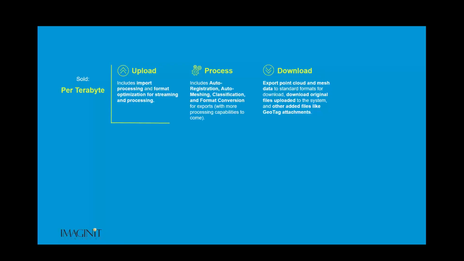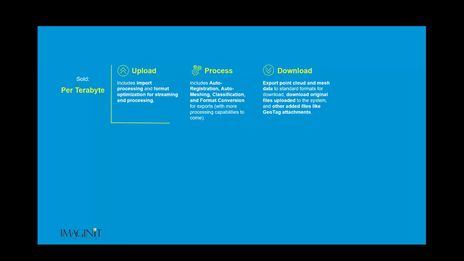Okay. So these are the things that are going to cost you that data. Okay. Uploading. So anytime I import or upload, either through the Dataflow app or from Field 360, then that is going to eat into my terabytes. Okay?